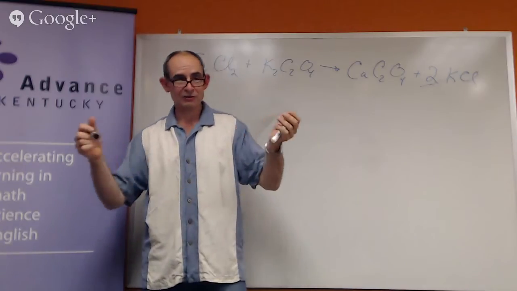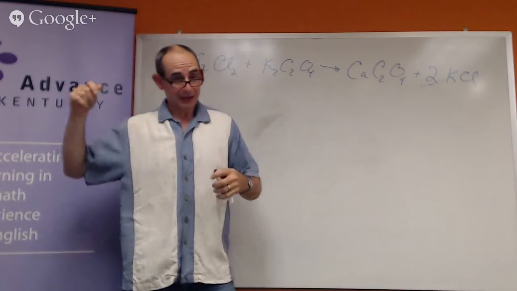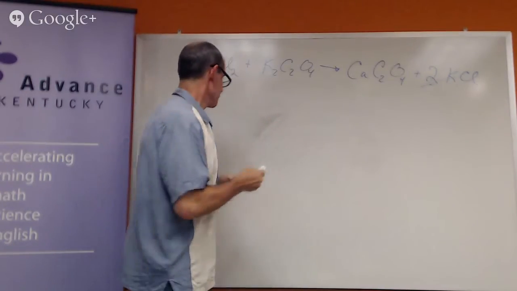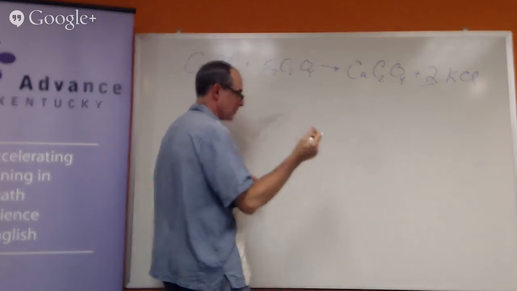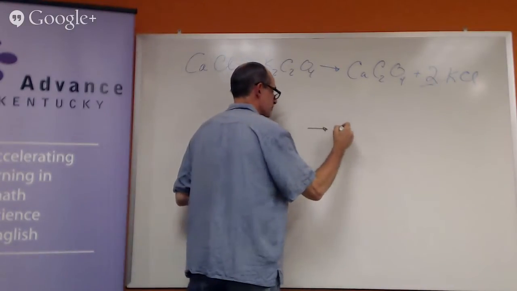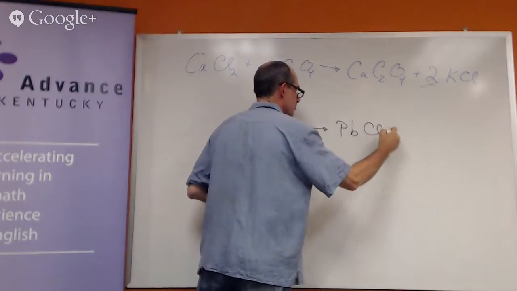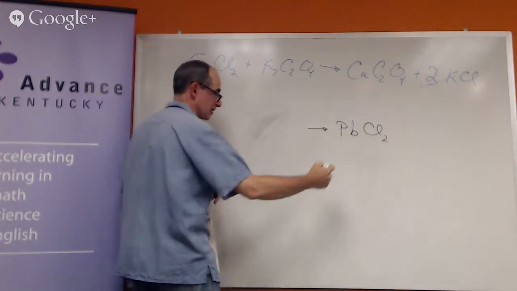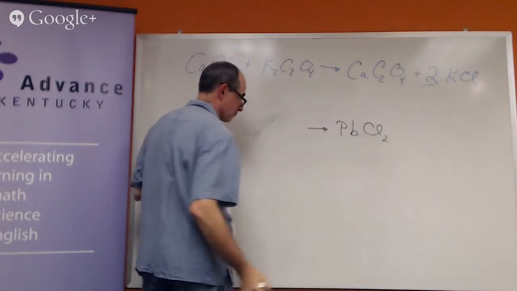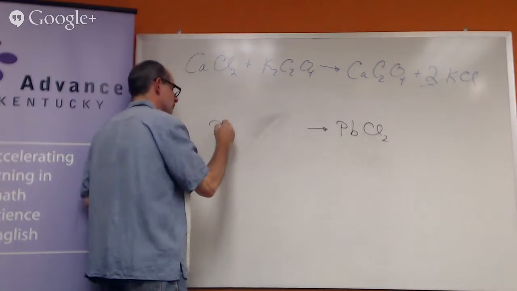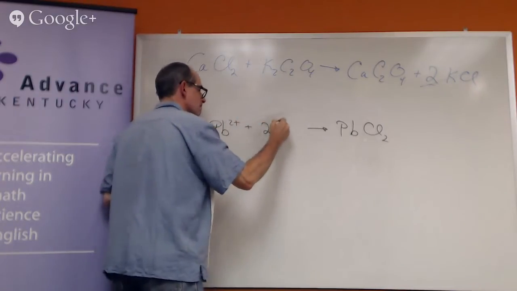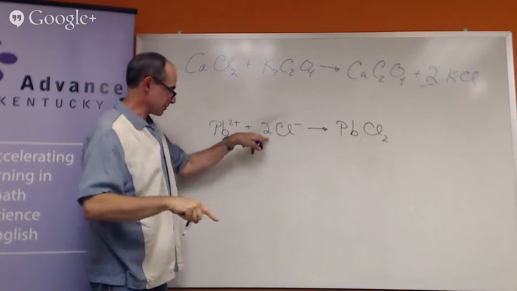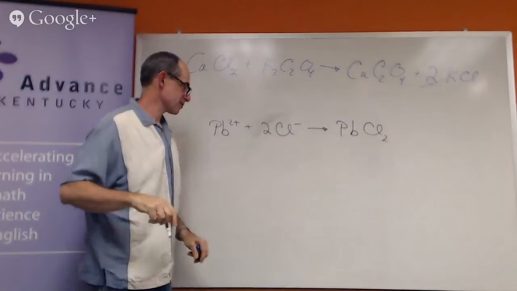So if you were to mix solutions of, let's say, lead nitrate and sodium chloride, well, knowing that sodium nitrate is soluble, the only precipitate possible would be PbCl2. And since PbCl2 is an ionic compound composed of lead 2+ ions and chloride -1 ions, the net ionic equation for that reaction would just represent the lead ion combining with 2 chloride ions to form the insoluble precipitate.